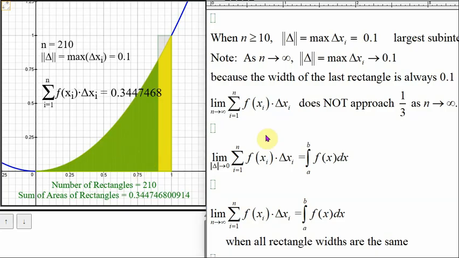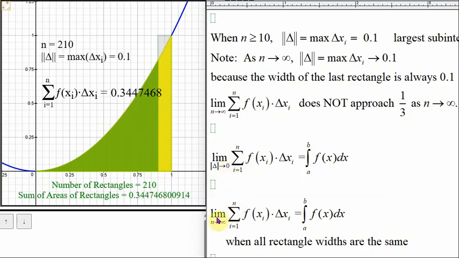In summary, we can see that n approaching infinity does not always lead to the exact area. That's why, to get the exact area, we use the notation of the limit of this summation with the largest subinterval width approaching 0.